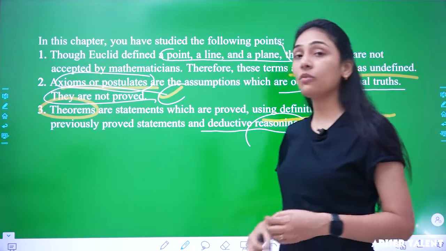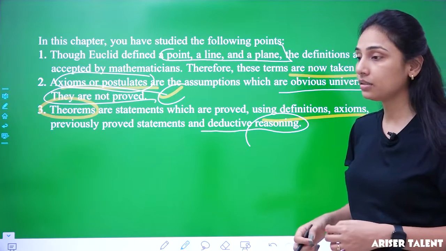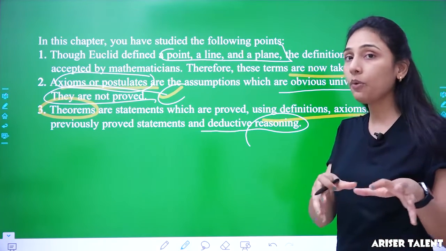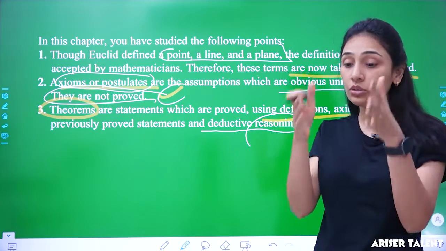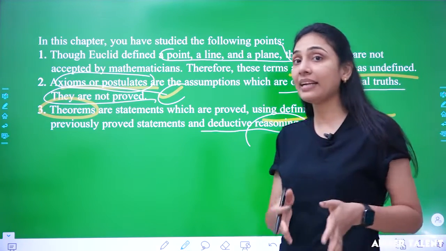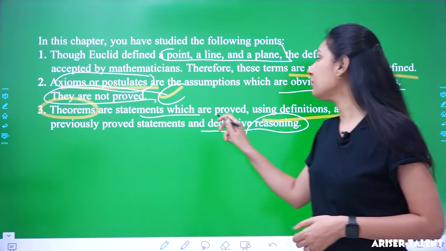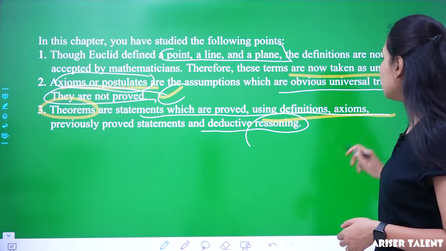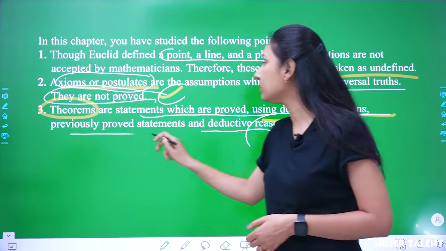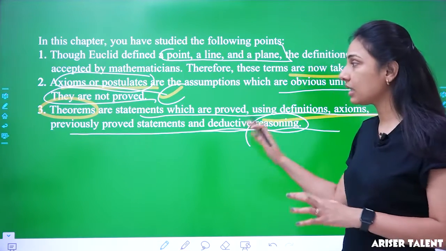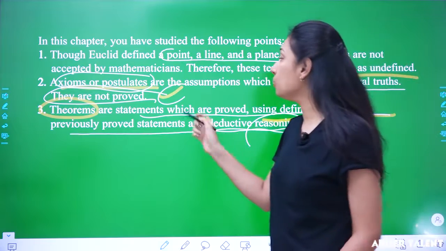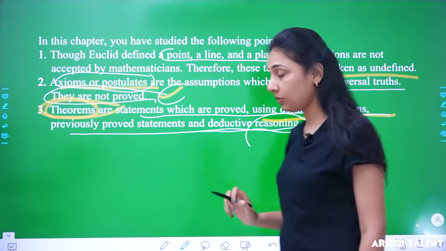At some point you are going to have something that does not need to be proven. You are going to assume that yes, it is so. So theorems are statements which are proven using definitions, axioms, previously proven statements and deductive reasoning. These are the things by which you prove the theorem part.